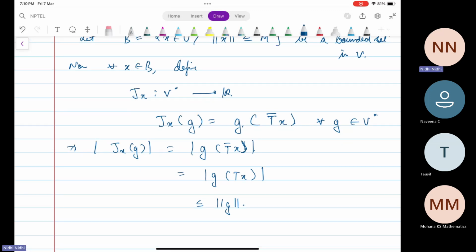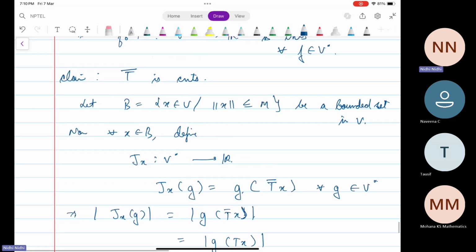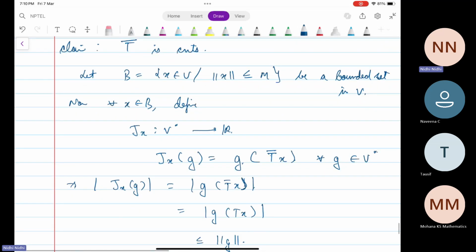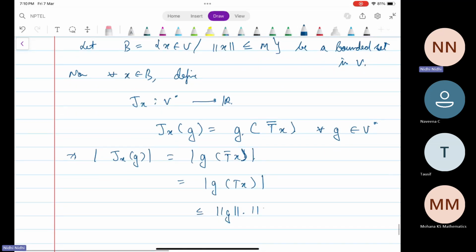Again, since T is linear and continuous, we are given that this T is continuous. So this is less than or equal to norm T, norm x, which is less than or equal to some M depending on x. Right?